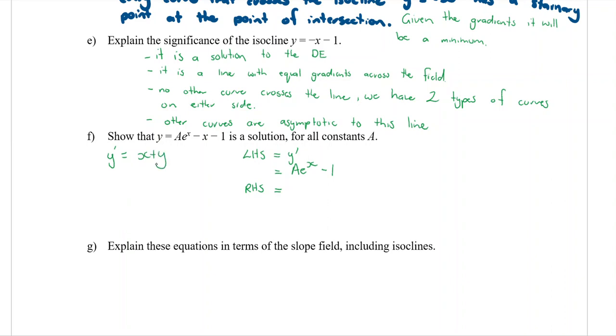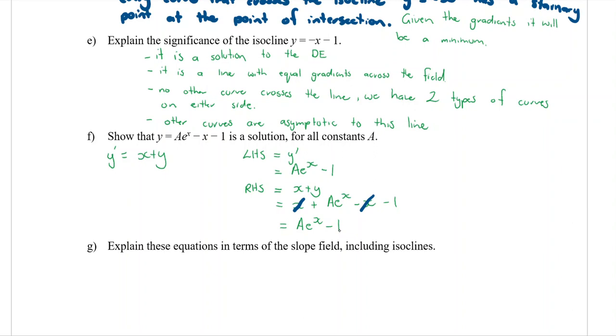I had the wrong equation. Okay, so the right-hand side is x plus y, which is x plus, and we replaced the y with our equation for y, which was a e to the x minus 1. And luckily for us, the x's cancel out, and we get a e to the x take away 1, like we had for the left-hand side.